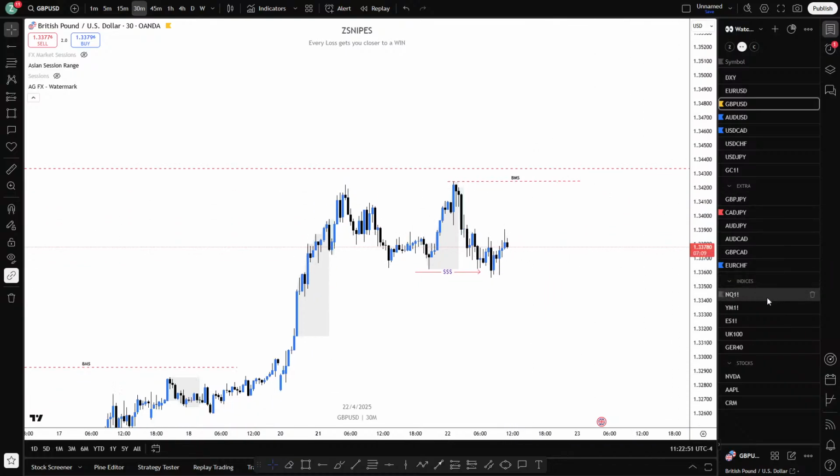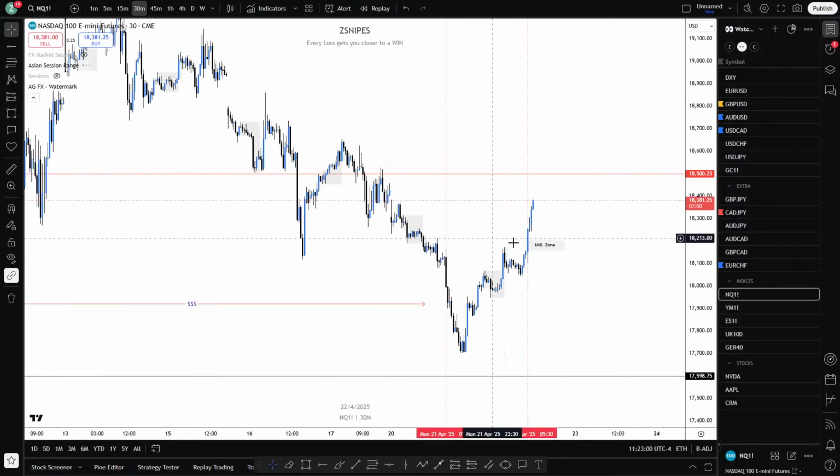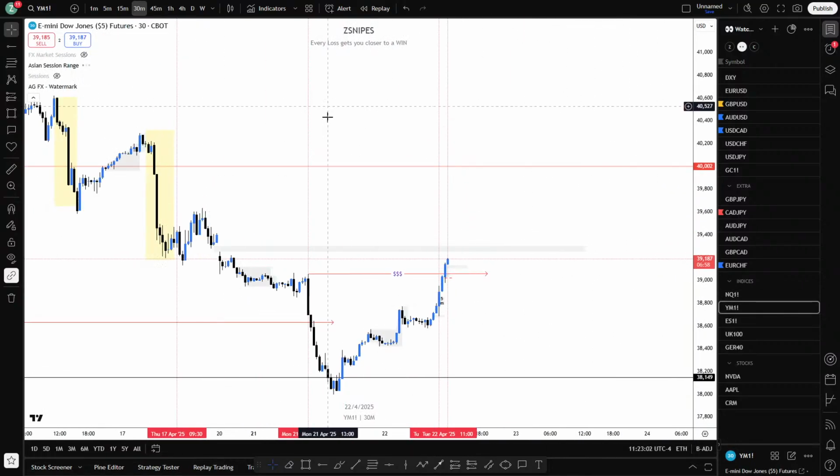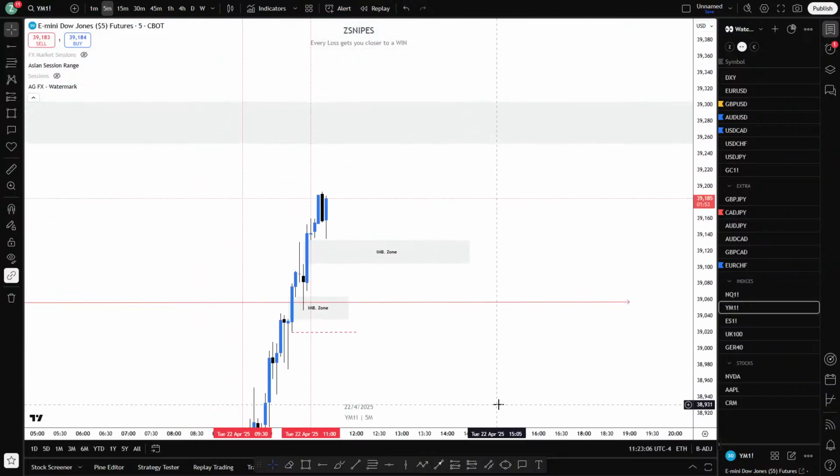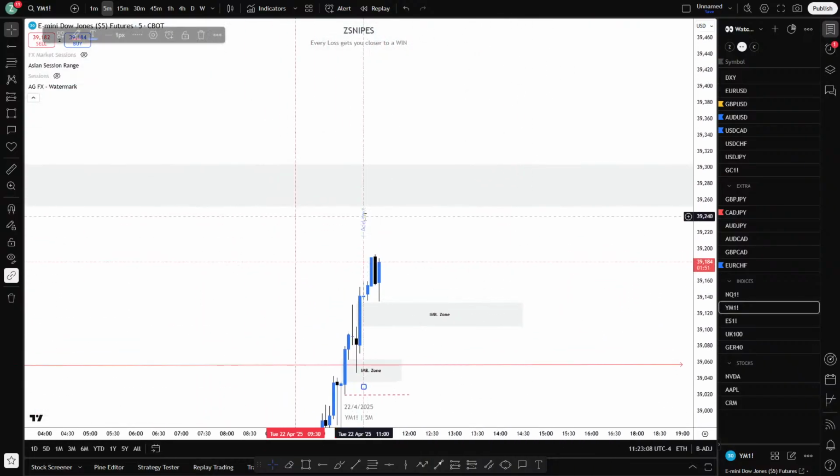I want to see what's going on here real quick. NAS is still going higher. Oh wow, we missed that imbalance. Delete this real quick.